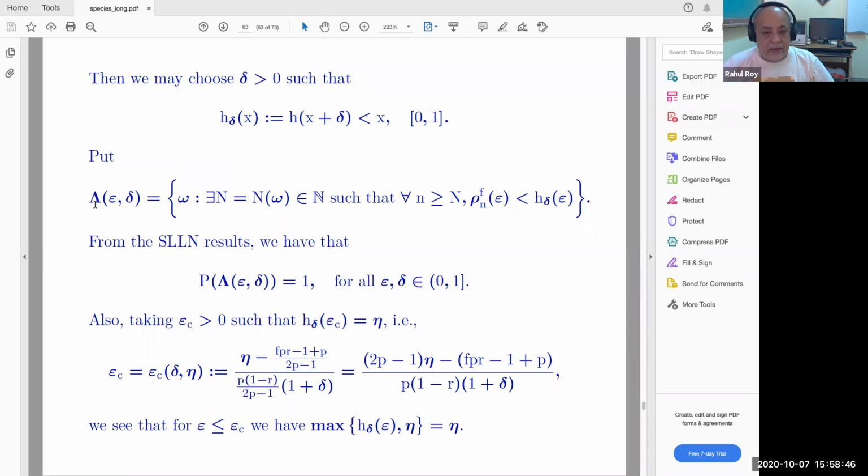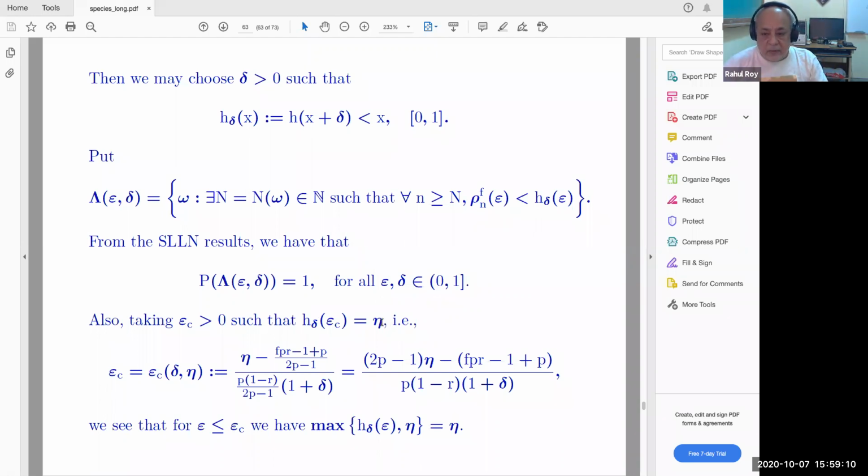So this is the event that for all n bigger than or equal to this capital N, this proportion is less than h delta epsilon. And from the strong law results which we did earlier, we know that this event has probability 1 for all epsilon and delta in (0, 1).